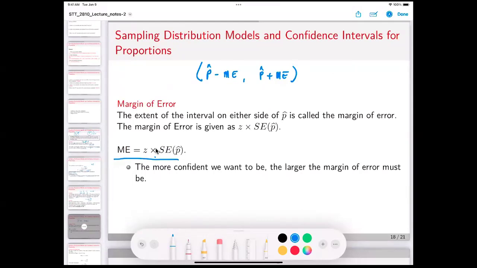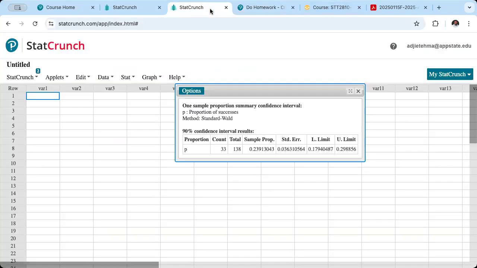So for example, you realize that when we went to StatCrunch, if they wanted to compute the margin of error, we had Z, we had a standard error. You just need to put them here and then multiply to get the margin of error. Do you get what I mean? So for example, let me try to do. For example, they want to compute the margin of error. You can see margin of error is what?